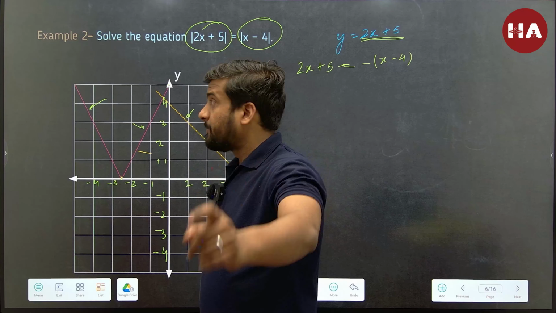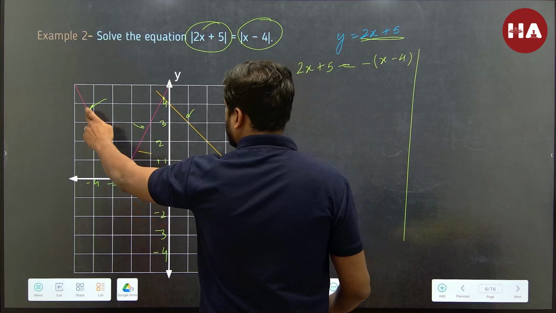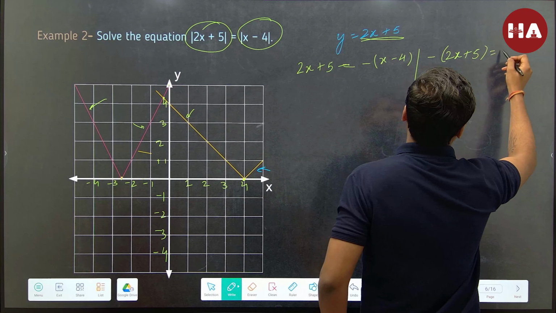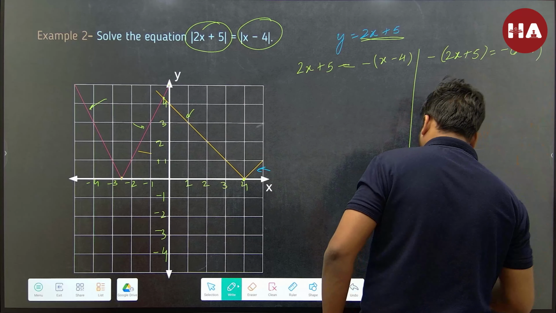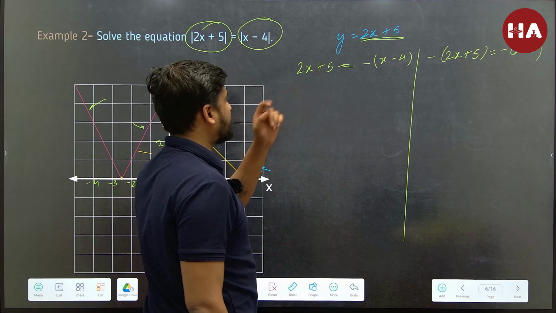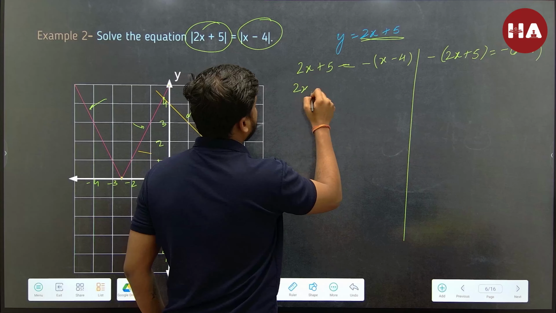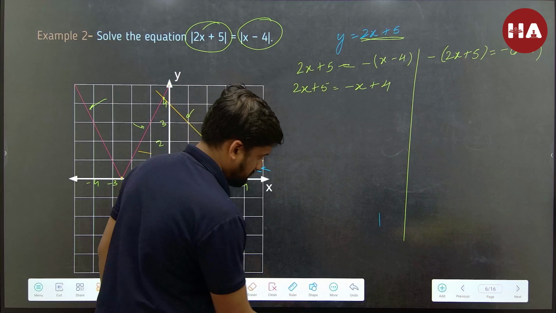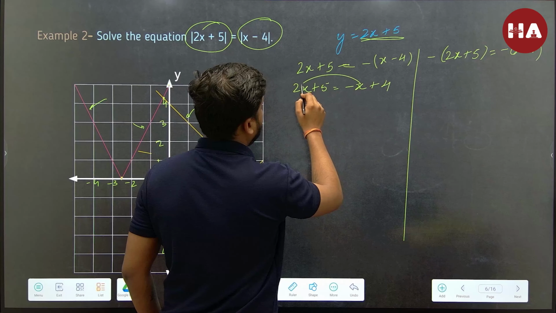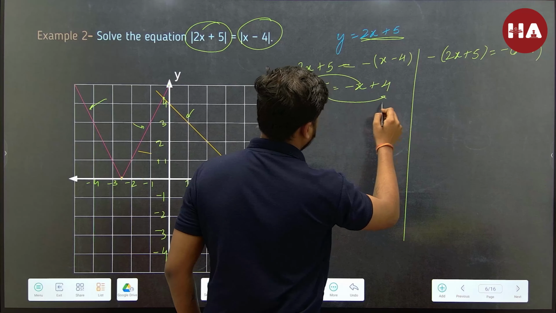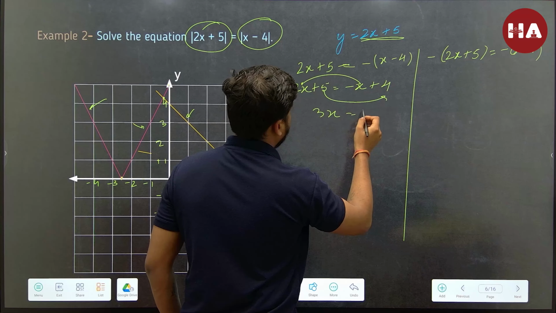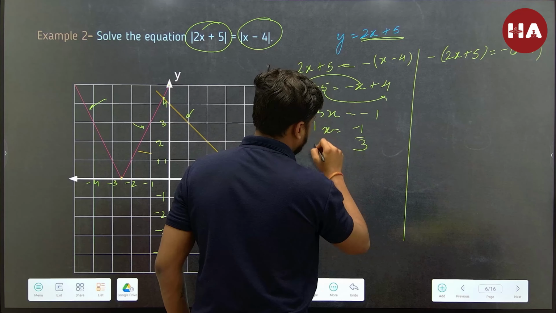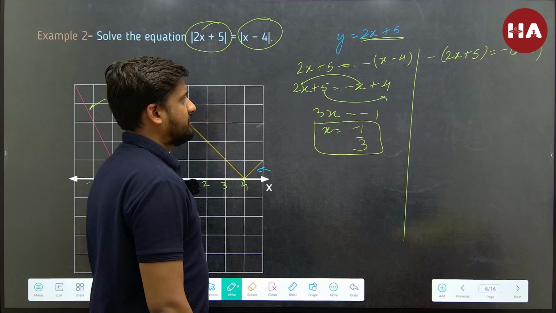That is the first one. The second case is from this equation, that is minus of 2x plus 5 and minus of x minus 4, right? Now let's try and solve this. What I'll get, 2x plus 5 equals minus x plus 4. Let's shift it there and let's shift this one here, and I'll get 3x equals minus 1, x equals minus 1 over 3, right?